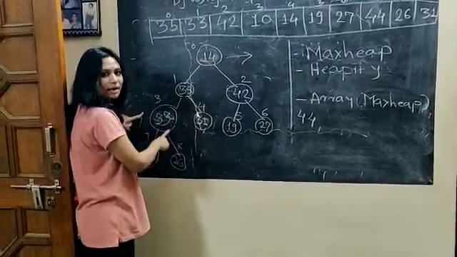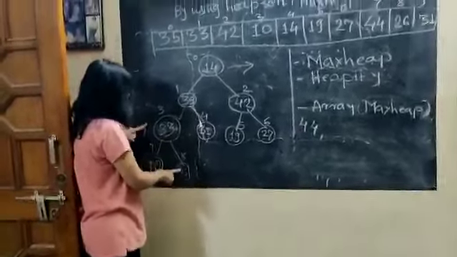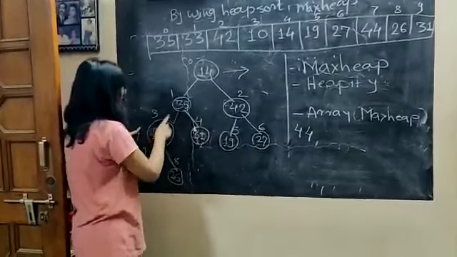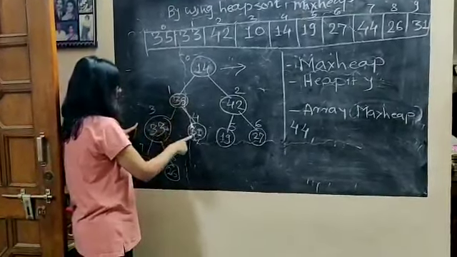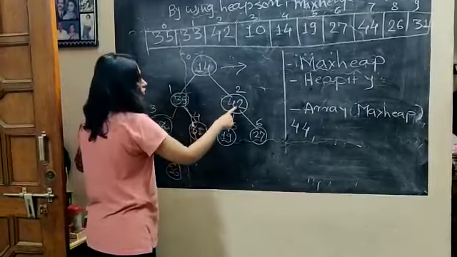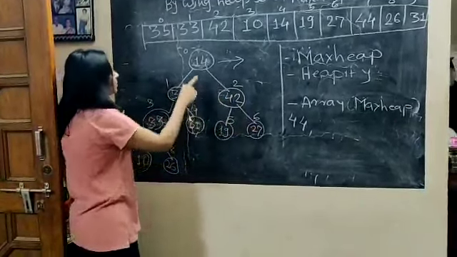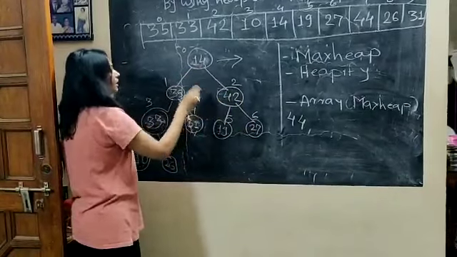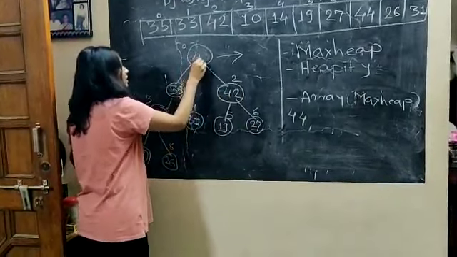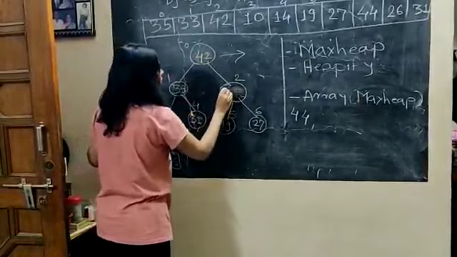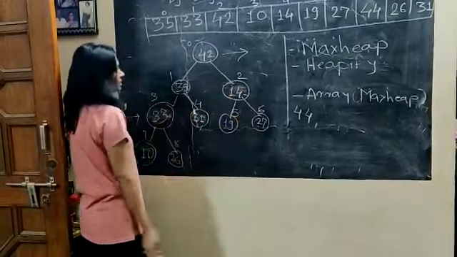Now again do the comparison. 33 is greater than 10, 26, so no need of swapping. 35 is greater than 33, 31. No need of swapping. 42 is greater than 19 and 27. No need of swapping. But 14 is less than 42. So you will have to do the swapping, and here 42 comes and here 14 comes.